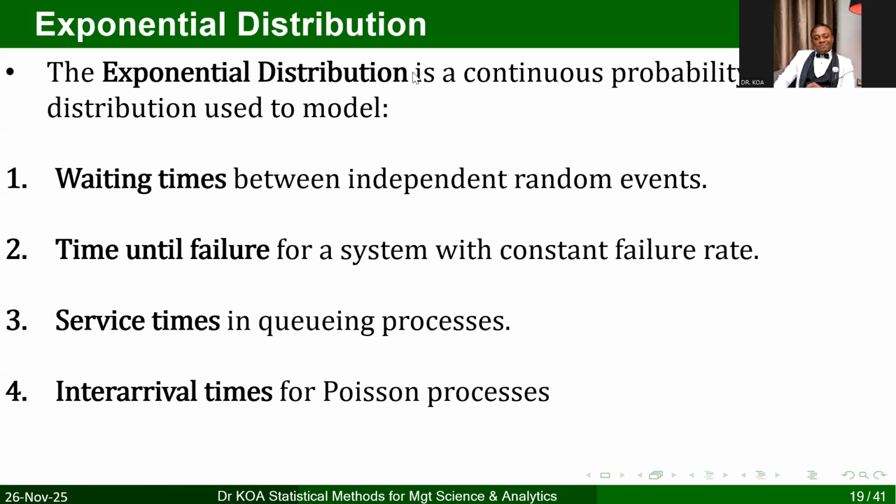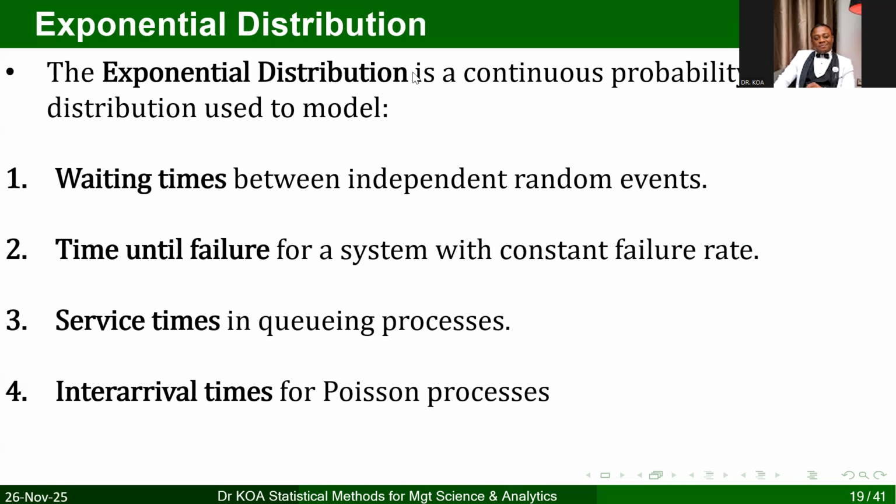So you will later learn, in queuing models that we shall do in the other course, that a queuing model must have the service rate and arrival rate. One of them follows a negative exponential distribution, an exponential distribution.